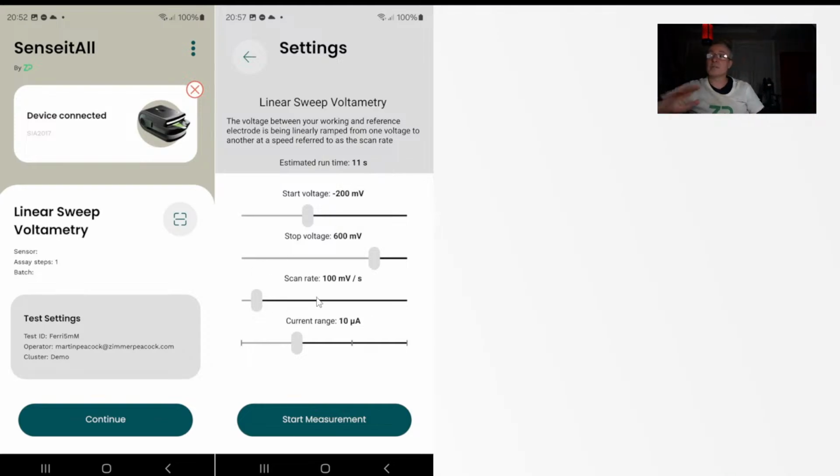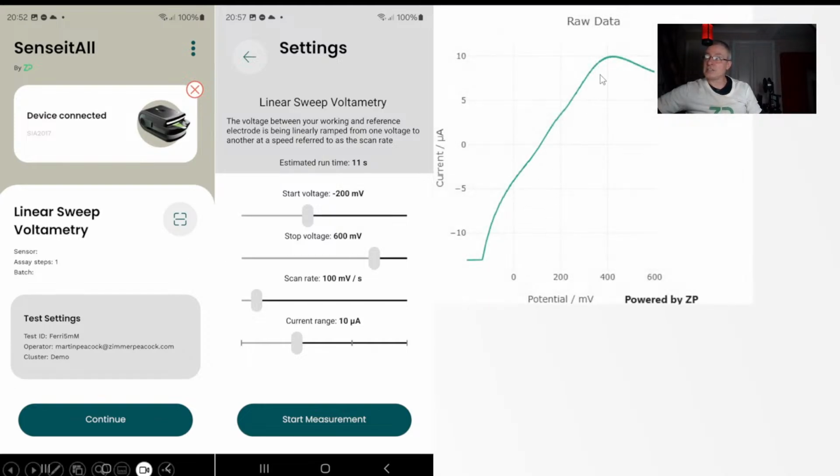I've made it 100 millivolts per second scan rate, because that immediately decreases my experimental time versus the last time to about a tenth. If you're doing a development, I still get my peak. In this case, because I started at a negative potential, the ferricyanide became ferrocyanide, then I oxidized it back to ferricyanide. So I get a nice fast assay.